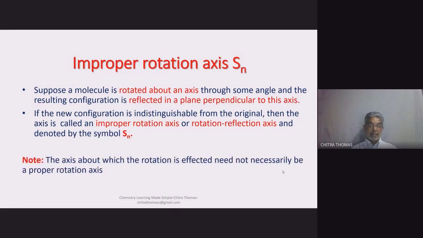The axis about which the rotation is effected need not necessarily be a proper rotation axis. Sometimes it will be a proper rotation axis, and many times it won't be.